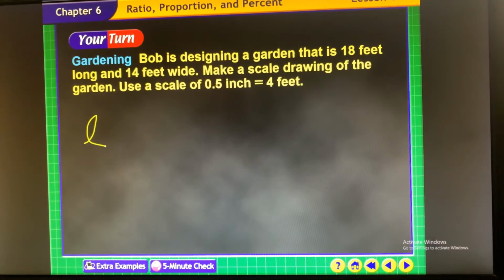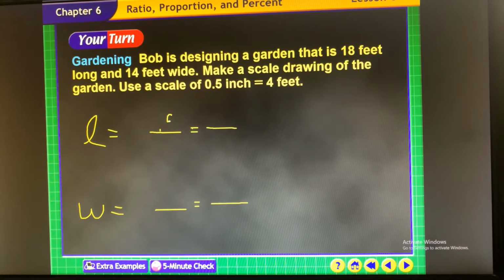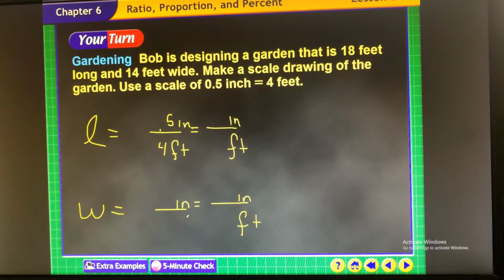Okay. So I have my length. It's asked for a scale drawing. As soon as it asks for a scale drawing, you know you have to set up your proportions. You use your scale factor, 1/2 inch, 4 feet. Inch over feet, inches over feet. Go back to your story, and it's 18 feet long and 14 feet wide.